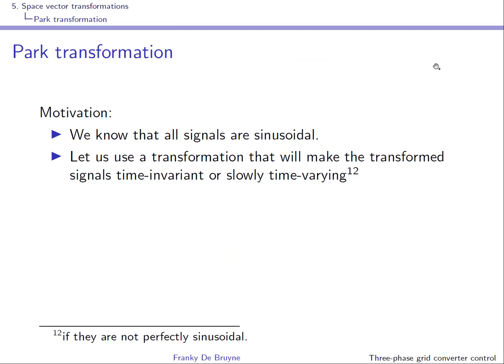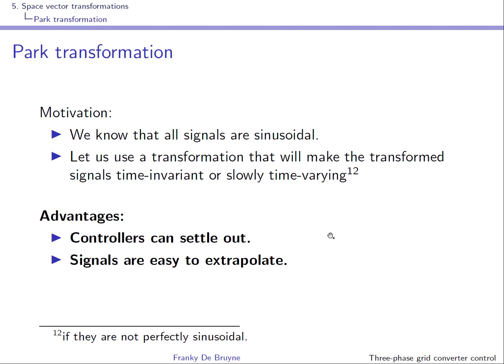We're going to introduce a new transformation, the Park transformation. The motivation is that all the signals we're working with are sinusoidal. So we would like a transformation that transforms the signals into signals that are fixed in time, so time invariant, or slowly time varying if the signals are not perfectly sinusoidal.